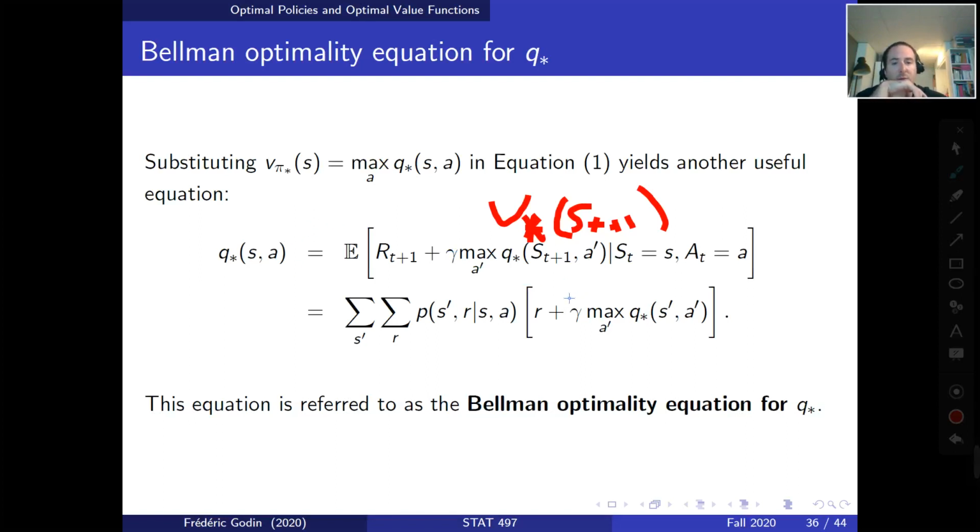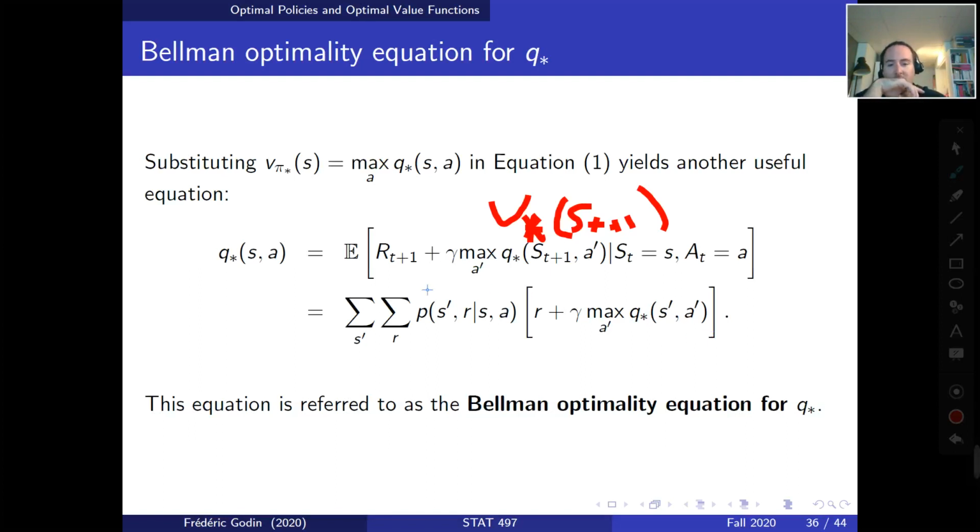The only unknown quantities here are R t plus 1 and S t plus 1. So the expectation is simply a sum across all possible values of the next state and the next reward, weighted by their respective probabilities. So the probability of S prime and R given the current state and action, times the reward plus gamma times the maximum across all actions in the next state of the optimal value function in state S prime, next state, and next action.